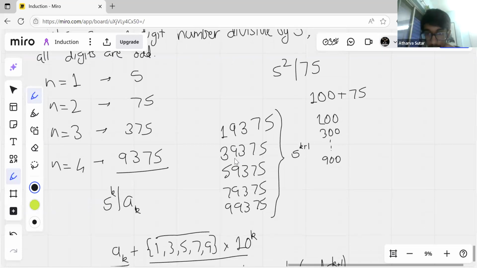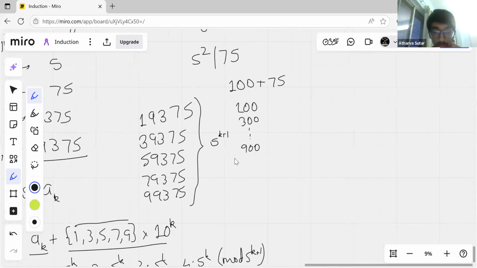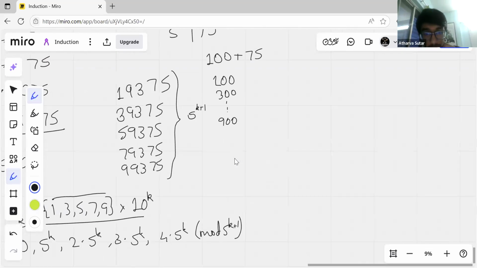Sorry, yeah, this will basically be like you're either adding 1 times 10 squared or 3 times 10 squared and so on. So 75 is equal to 3 times 5 squared.